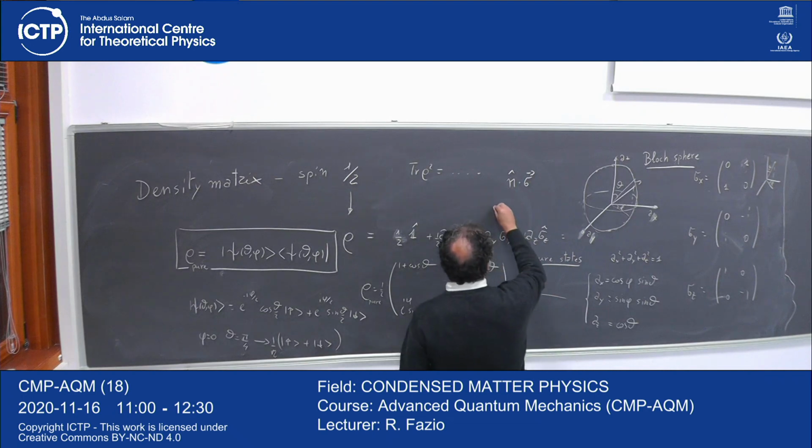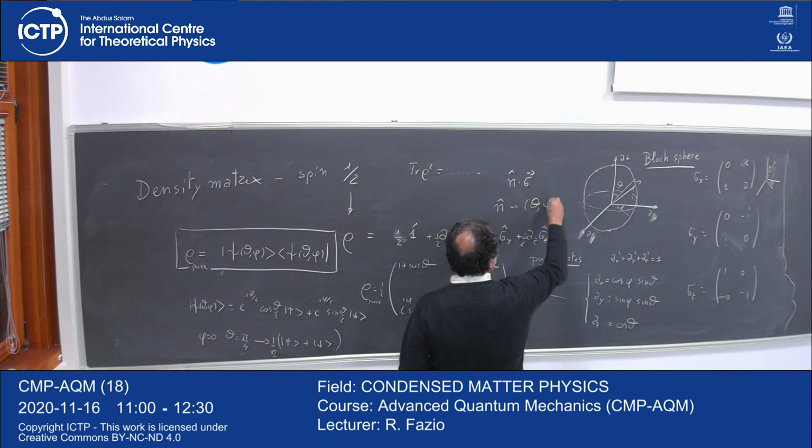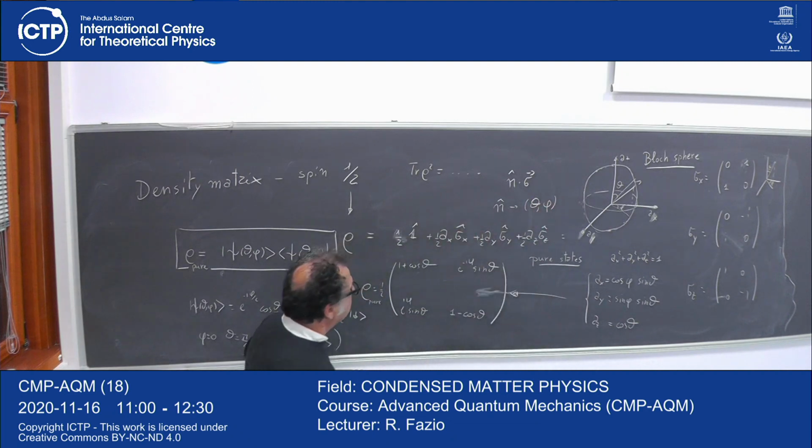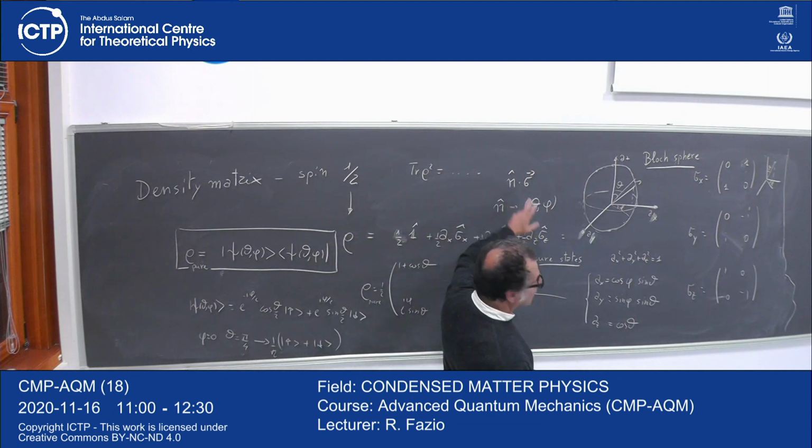So if you have a unit vector n characterized by the angles theta and phi, this state will be an eigenstate of this operator.